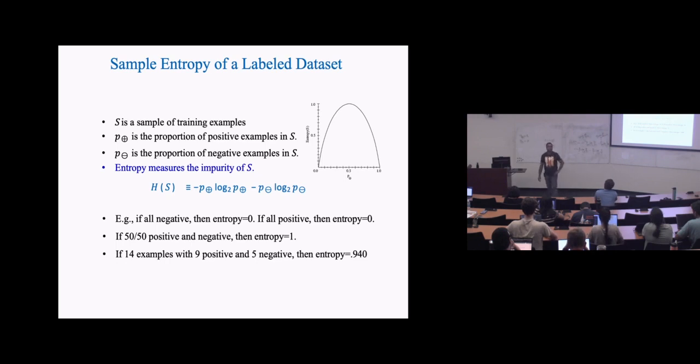Yes? When you're doing this for a feature space, when you're trying to create a tree, do you always treat the data set when you're training it as a population distribution, or do you ever try to extrapolate to data beyond what you currently have? Good question. The question is, do you just assume that your training data is representative of the real data, or do you do more tricks to extrapolate to make that more real?